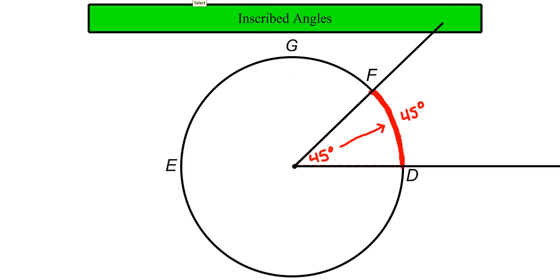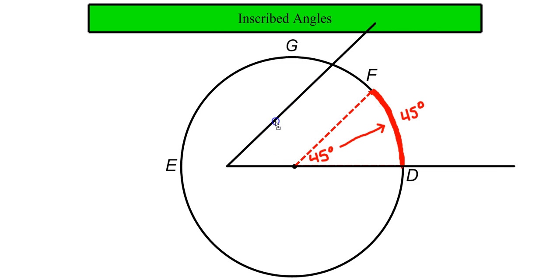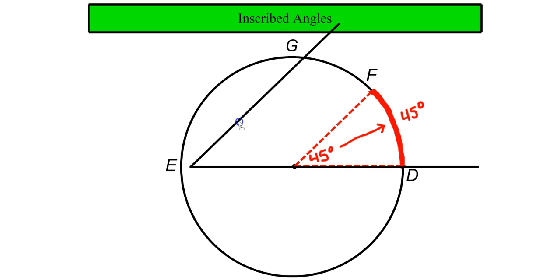Alright, so what I want to do is take this and change it just a little bit. I'm going to change the location of the vertex, but notice I'm not going to change the angle measure. We started with a 45 degree angle, and I'm not going to change that. I'm just going to drag this to the left so that the vertex is now actually on the circle.